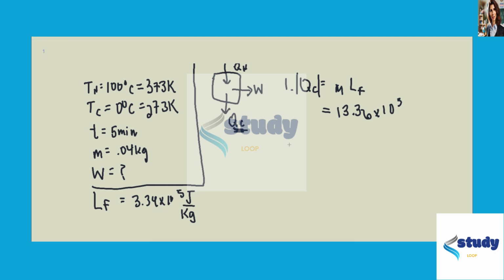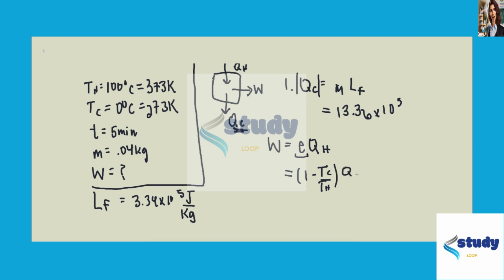Okay, now we have QC. Our goal is to get work. We can just use the standard heat equations, so take your pick. The first one that comes to mind is work is e times QH. Let me double check: this is a Carnot engine, so we have even more equations to use. We can relate them to temperature. For efficiency, we can write 1 minus TC over TH, because it's Carnot.